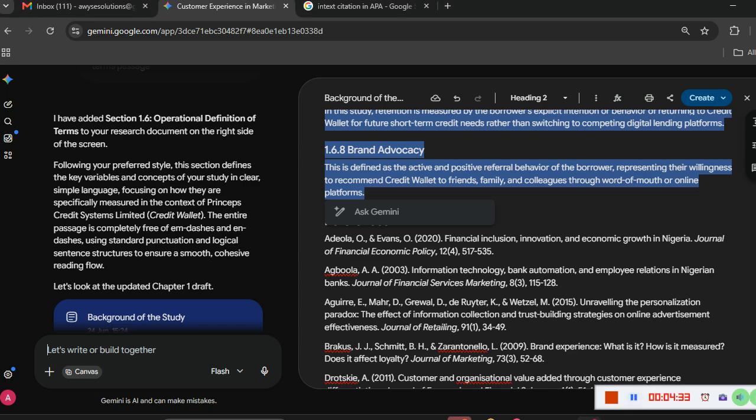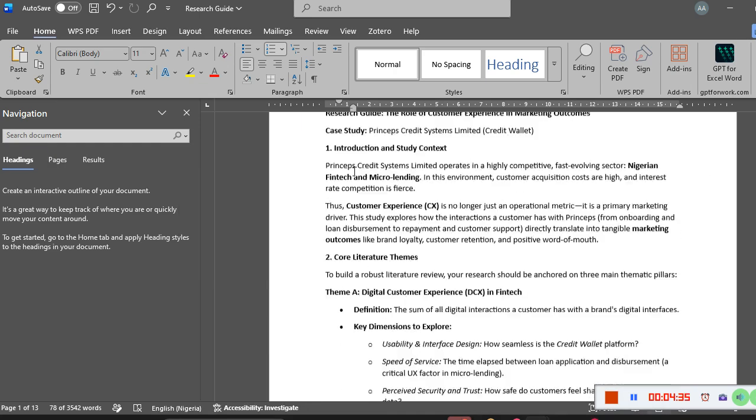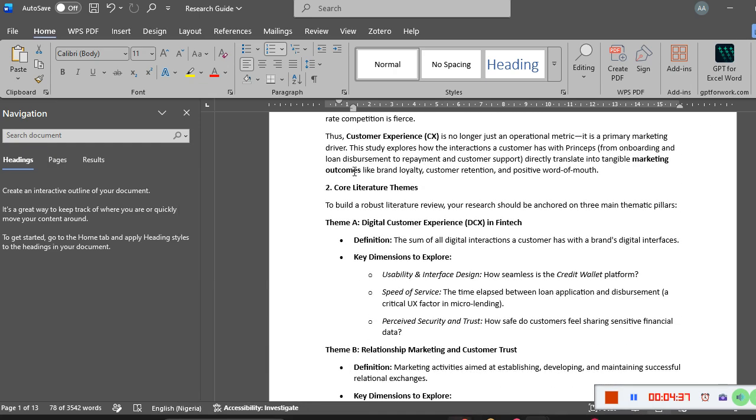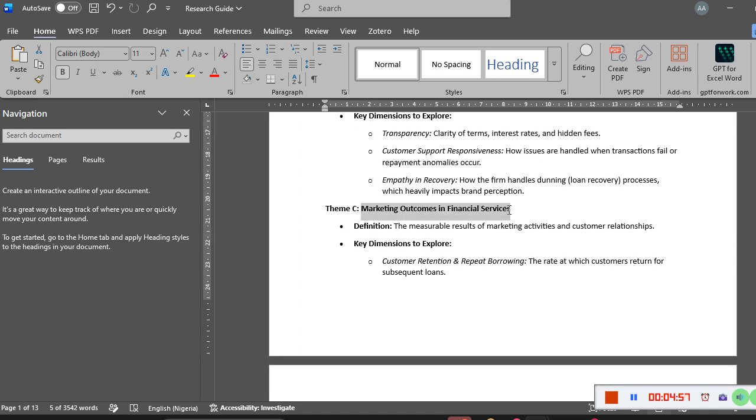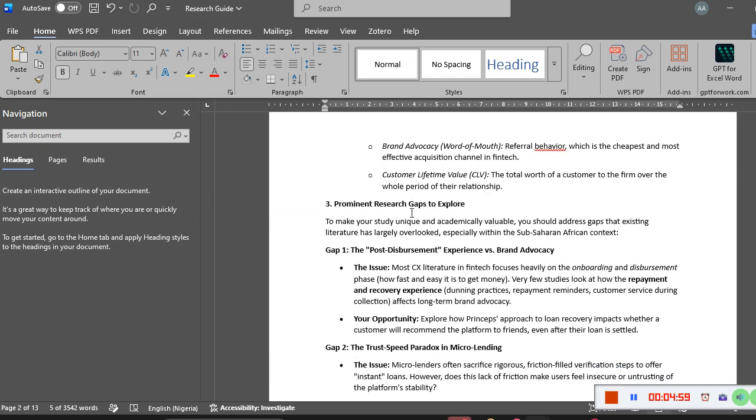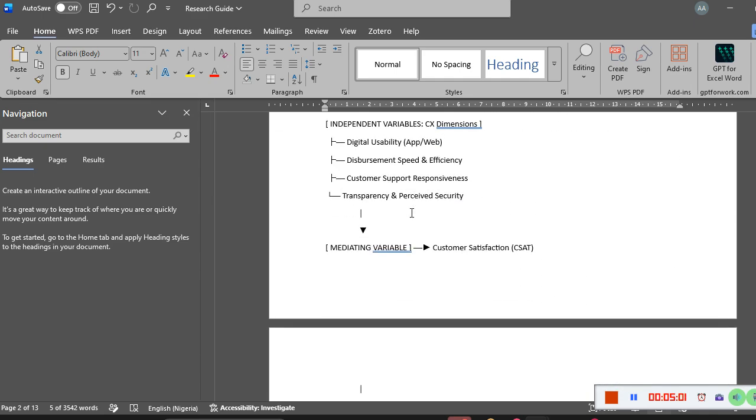Okay, so now we are back to getting started with chapter 2. Remember, in our research guide, which is the document open on the screen, you will see that it has already given us some things to look out for: the digital customer experience in fintech, relationship marketing and customer trust, marketing outcomes in financial services, then the conceptual framework.